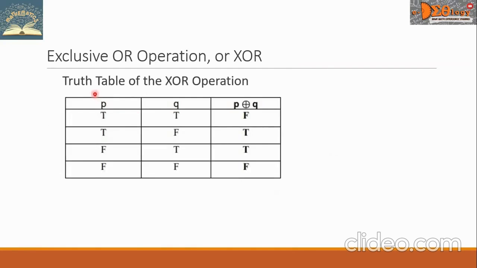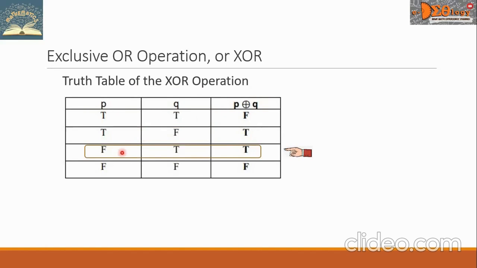This is the truth table of the XOR operation. Let's begin with the first row. When P is true and Q is true, then P XOR Q is false. Second line, when P is true and Q is false, P XOR Q is true.